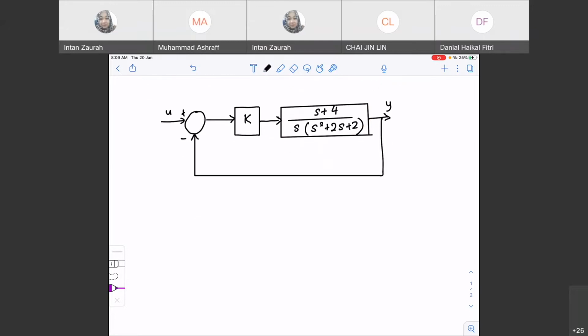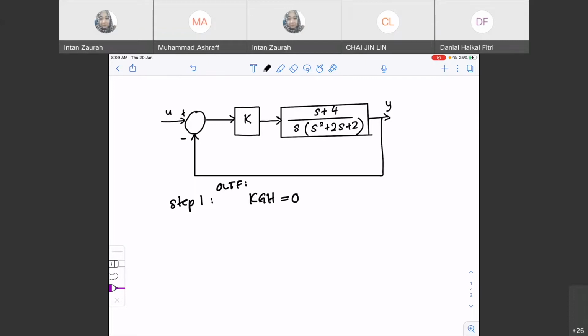Okay, so for this particular problem, you're going to start with step 1, which is you need to find your KGH. What is this? This is your open loop transfer function.